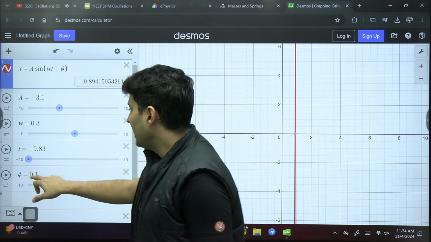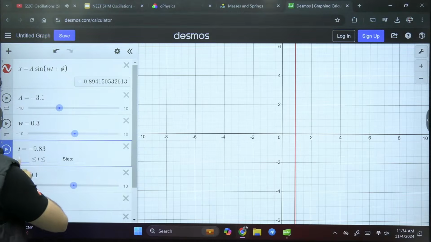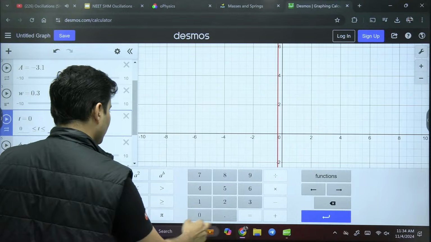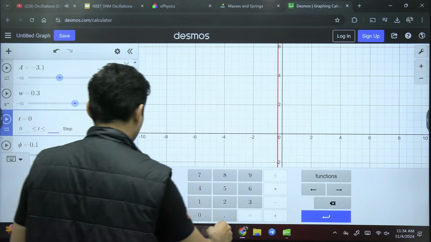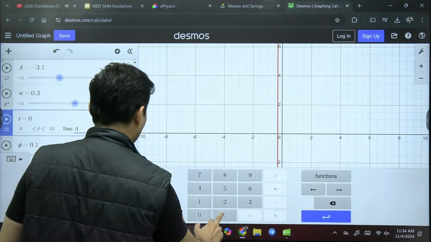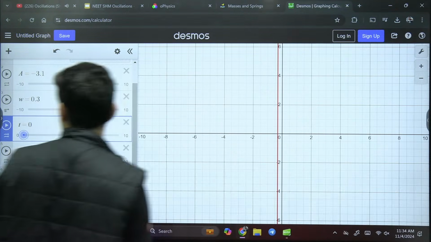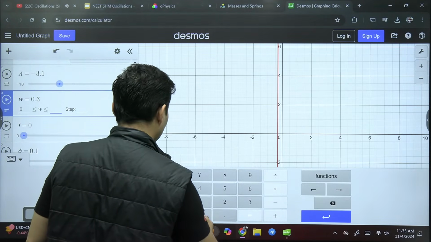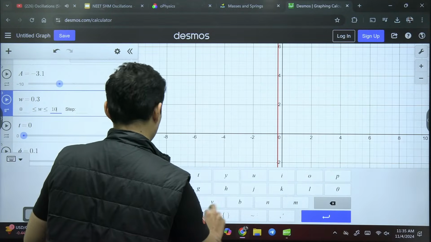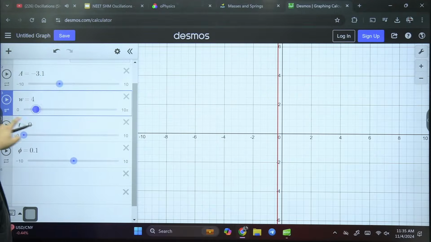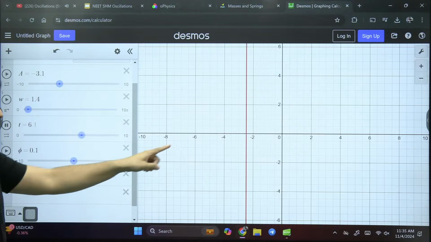Observe now. So let's take this time. Time will start from 0 and let's say it goes to some 10 seconds. See now, it goes back and forth like this.